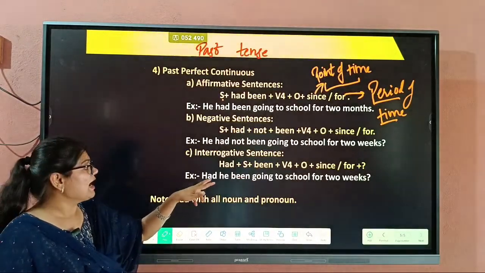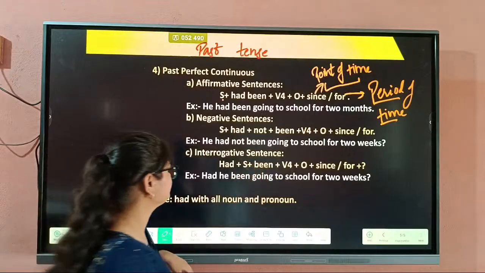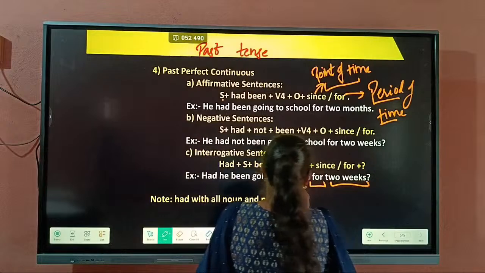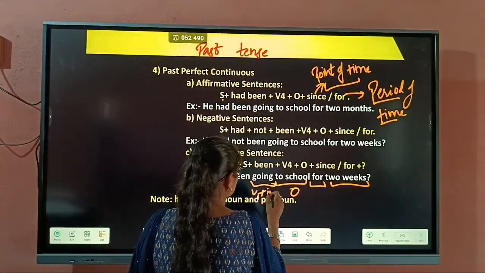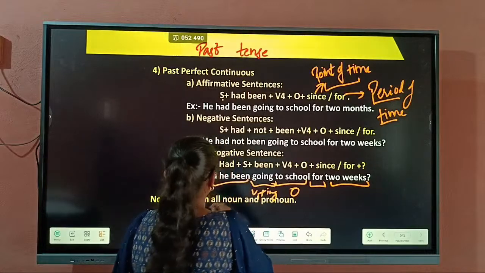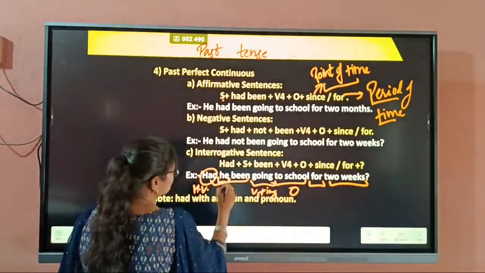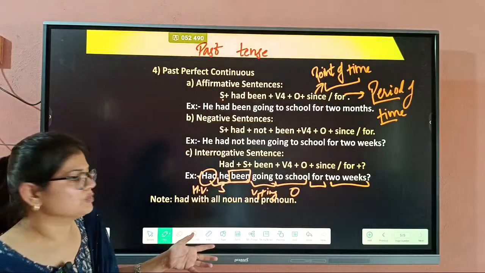Example: had he been going to school for 2 weeks? For, we used 2 weeks, to school object, verb's first form plus ing. Had, helping verb. He, subject. Been, for the continuation we use here.